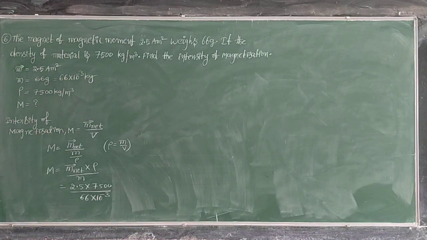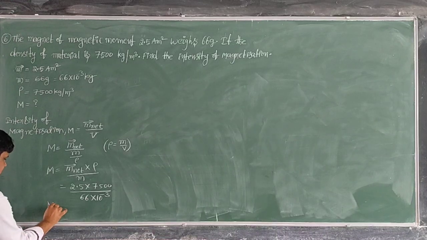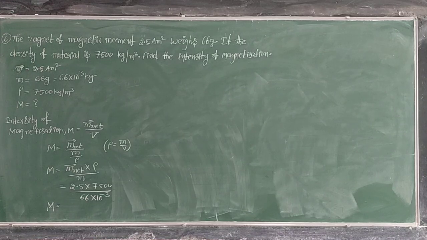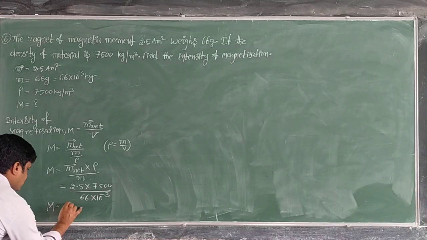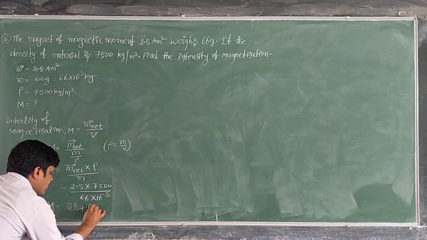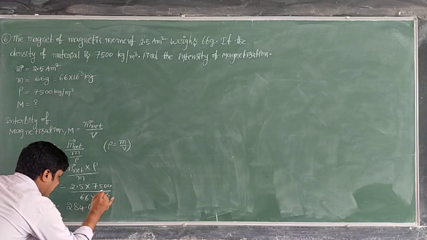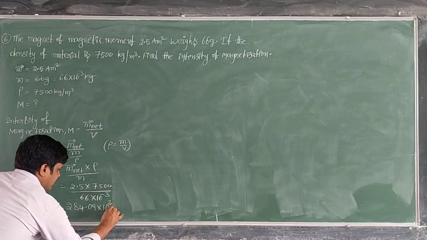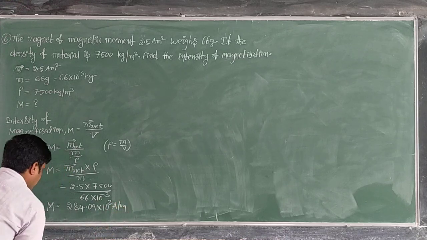After simplification of all these things, the answer we get is 284.09 into 10 power 3 ampere per meter.